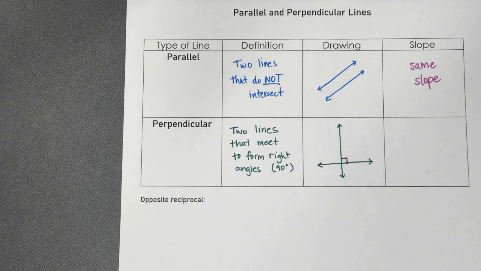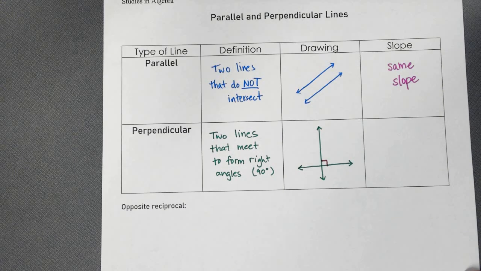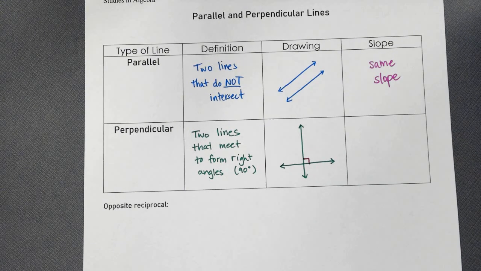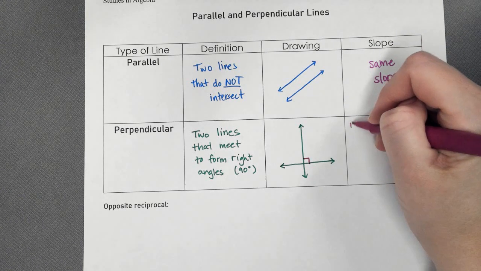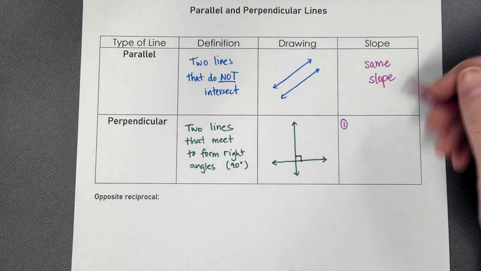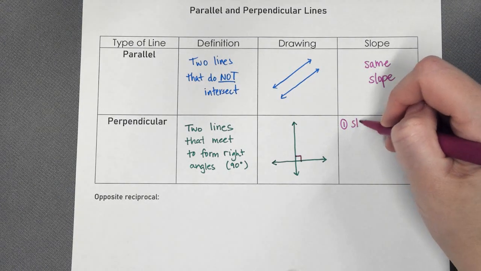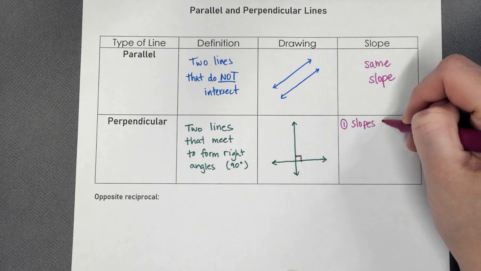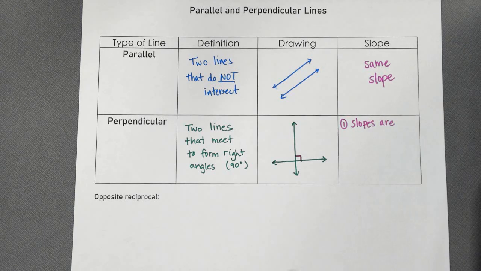When lines are perpendicular, they also have special slope properties, okay? There's two ways that you will hear the slopes. So we're going to write the first one: the slopes are, and this is going to be a new term, okay?